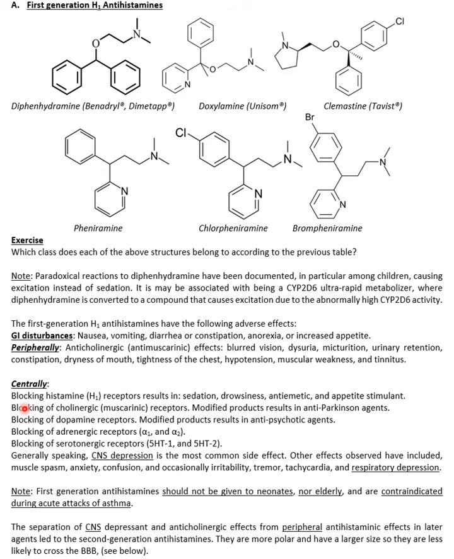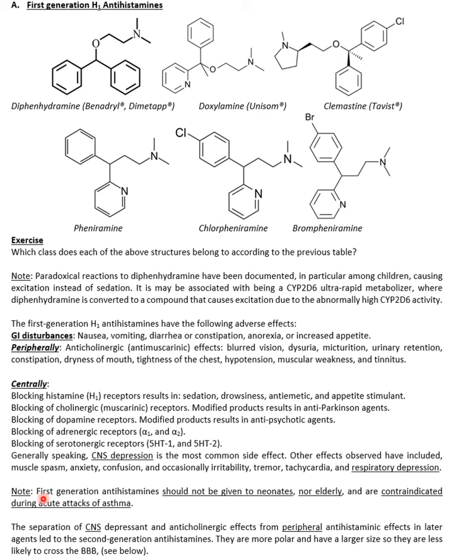But generally speaking, the central effect of the first generation antihistamines, because they cross the blood-brain barrier, causes CNS depression and other effects such as muscle spasm, anxiety, confusion, irritability, tremor, tachycardia, and respiratory depression.